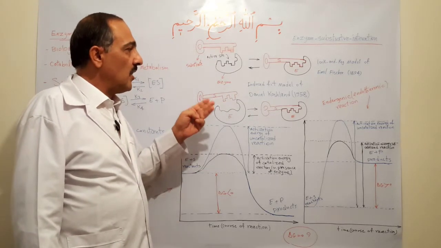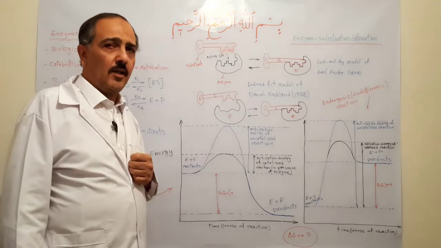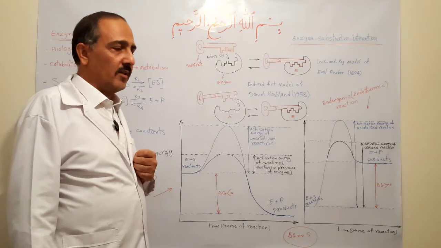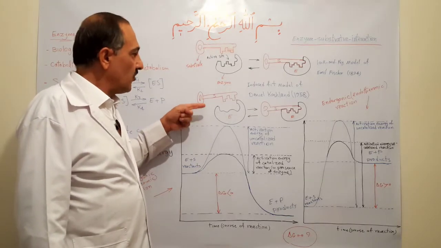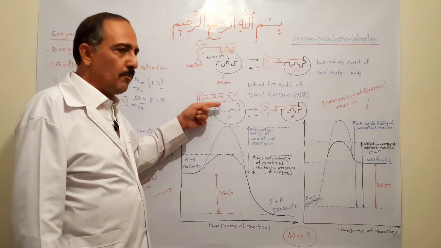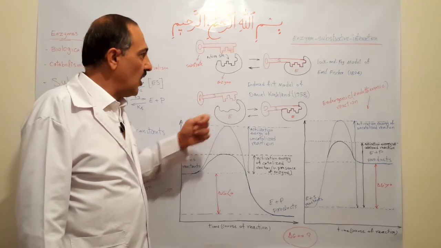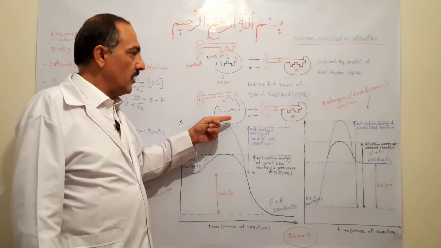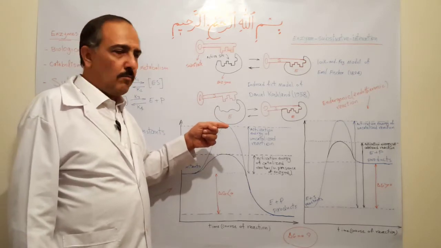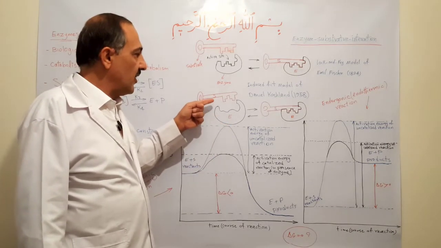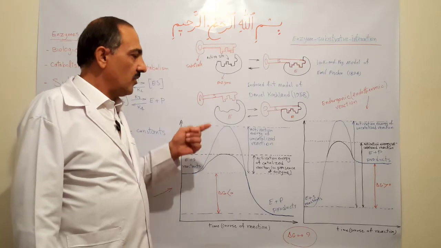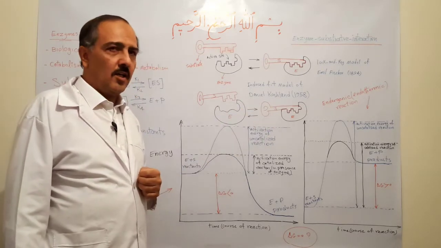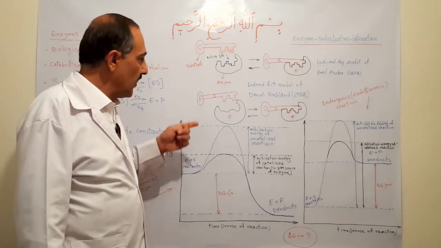So, in 1958, Daniel Koshland introduced his induced fit model. In this model, the structure of substrate is not complementary to the structure of the active site of the respective enzyme. But after binding of substrate to its respective enzyme, their structures become complementary.